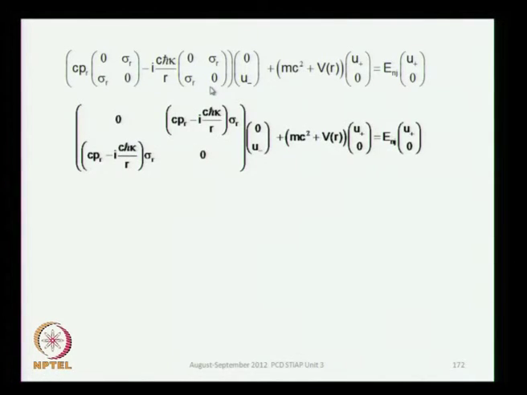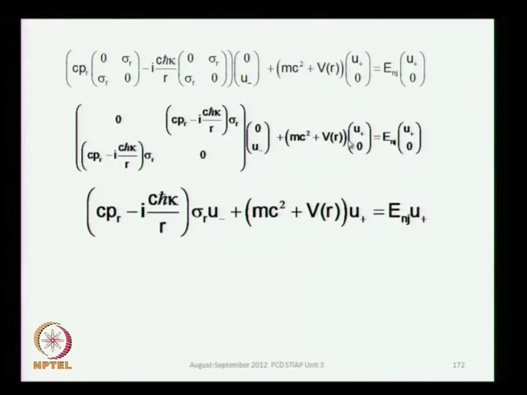So, let us look at this expression. It is the same one which was at the bottom of the previous slide, and now you have got off diagonal elements over here and the diagonal elements are 0, and they must pre-multiply through matrix multiplication this 0 u minus. So, what does it give you? It will give you this term pre-multiplying u minus, just matrix algebra.